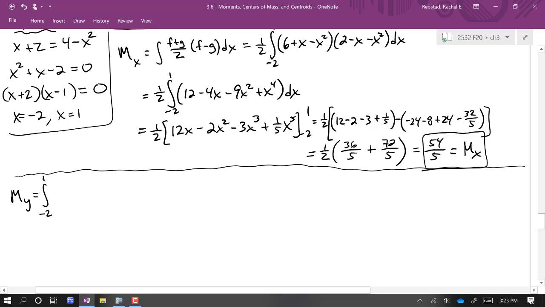So the formula for the moment about the y-axis is x times f minus g. So that's x times 2 minus x squared. Again, we're assuming rho is equal to 1, so I've left that off. I'm going to just distribute that x before we are ready to integrate.